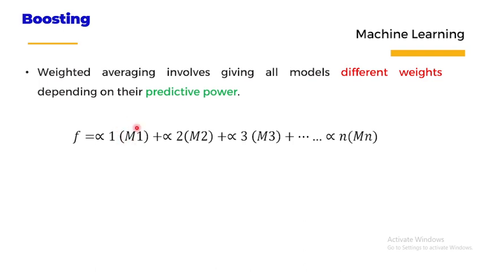Along with the models, we are using confidence, or weights. We are giving some weightage to each model. So alpha1, alpha2, alpha3, alphan are the weights, and we multiply these weights with the models. This is how you can write the boosting function. Internally, the boosting technique takes all the models sequentially along with their weights.